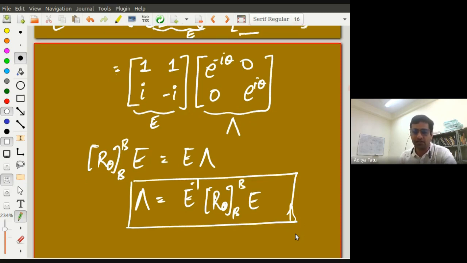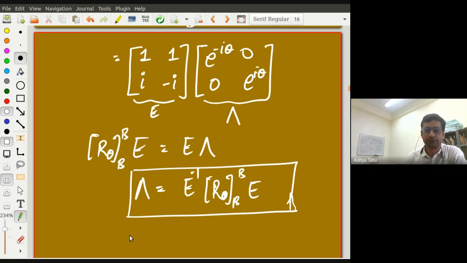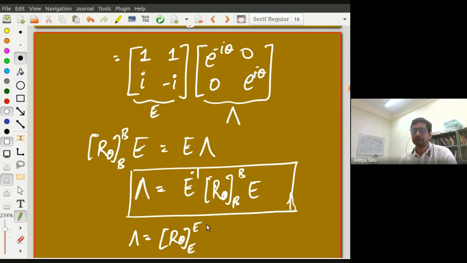What is this lambda? Lambda is nothing but R theta in the basis E, let's say. Yes or no? So then, can you sort of complete the circle?